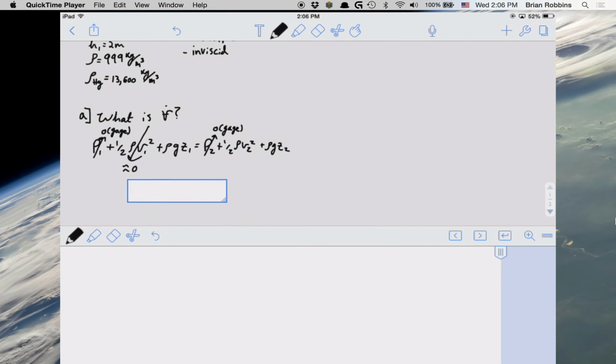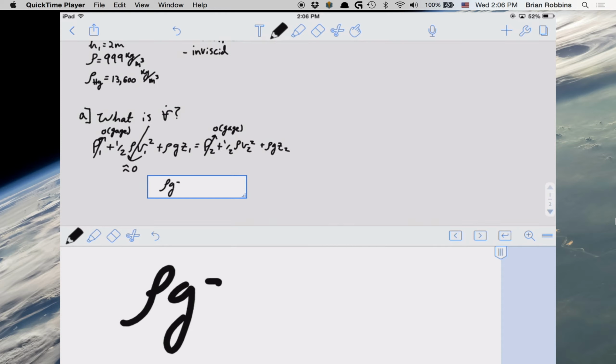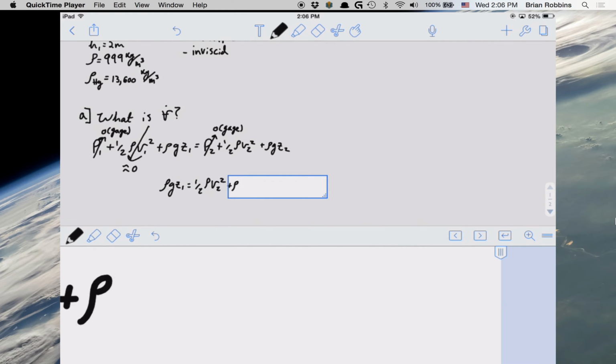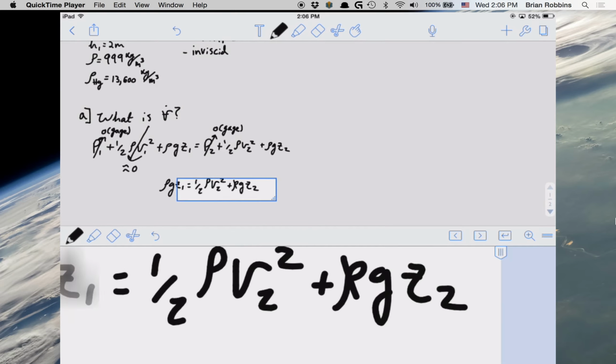So let's go ahead and solve our equation for V2. So we have rho G Z1 is equal to 1/2 rho V2 squared plus rho G Z2. All of our densities cancel out.